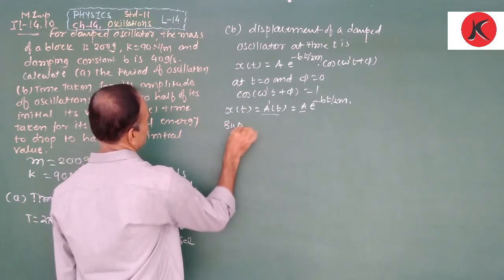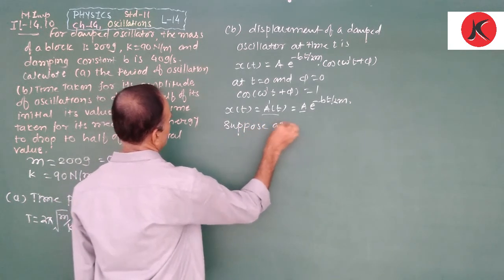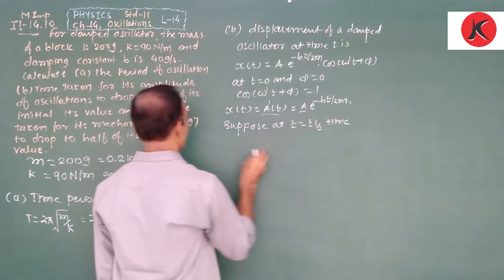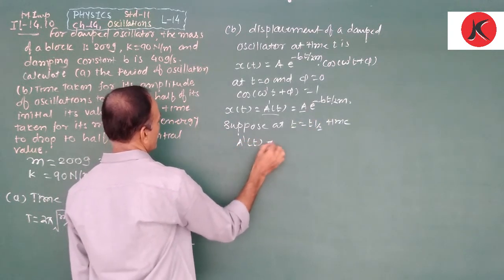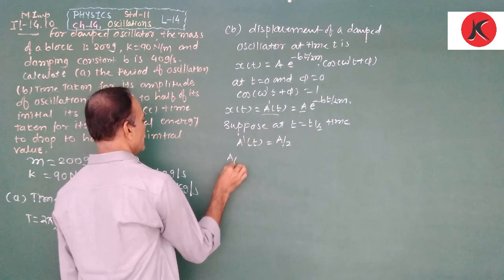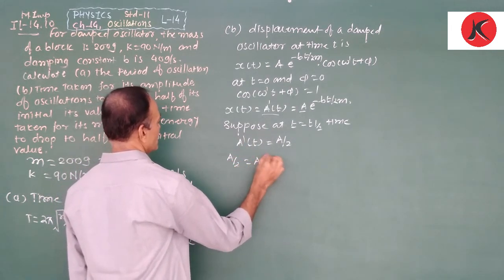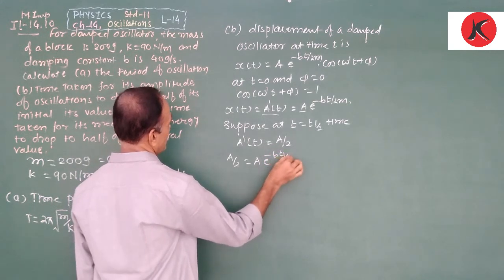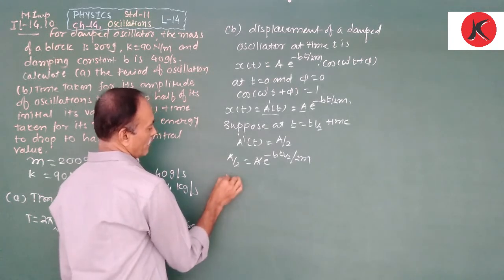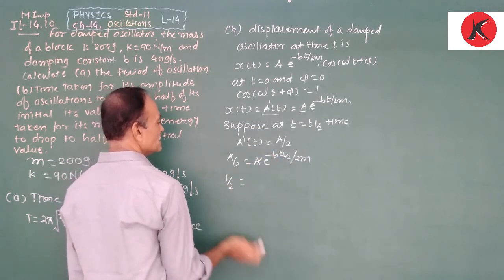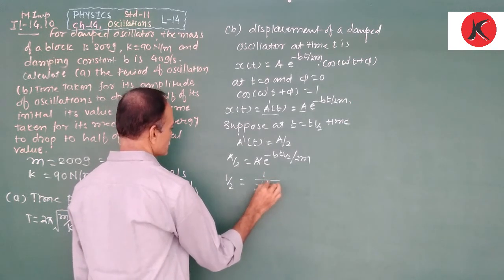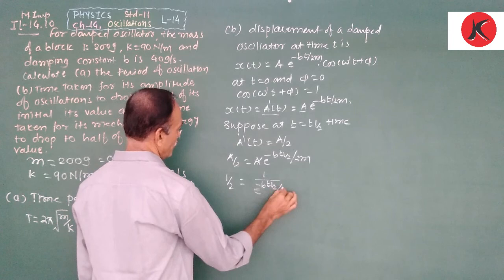Suppose at t equal to t half, the amplitude A dash becomes A by 2. Therefore, A by 2 is equal to A e to the power minus b t half upon 2m. A cancels, therefore 1 by 2. Here the power is negative, so we can write it as A e to the power minus b t half upon 2m.